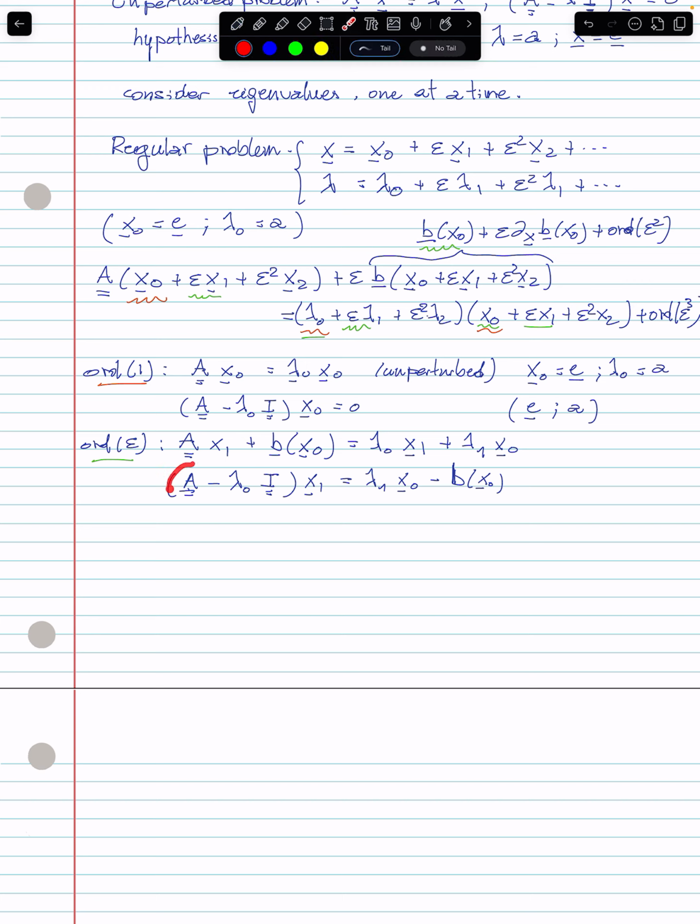What do we have in that equation? We have a few things that are unknown. We have an eigenvector that is unknown, and an eigenvalue that is unknown. So if the system here, which is a discrete system, is a set of n equations, we have n unknowns contained in this vector, plus one unknown over here. So we have n plus one unknowns.